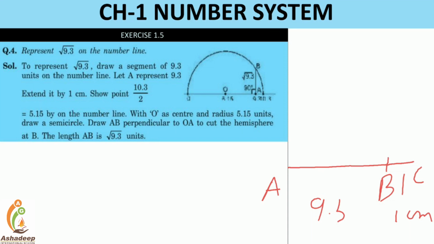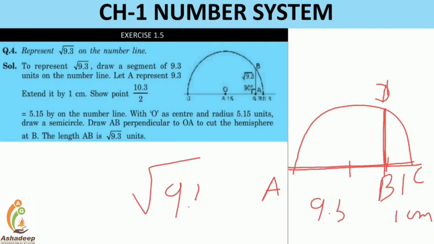Now draw the perpendicular bisector of AC and draw the semicircle. Now draw the perpendicular line from B and give some point D. So now BD is representing the square root of 9.3.